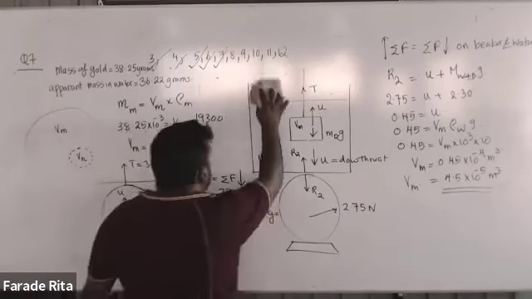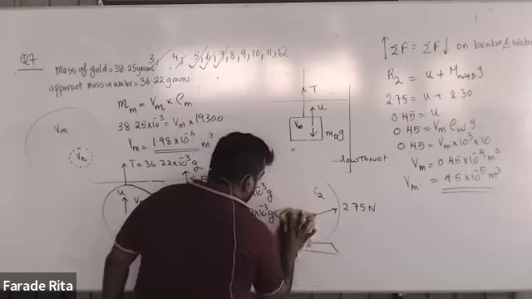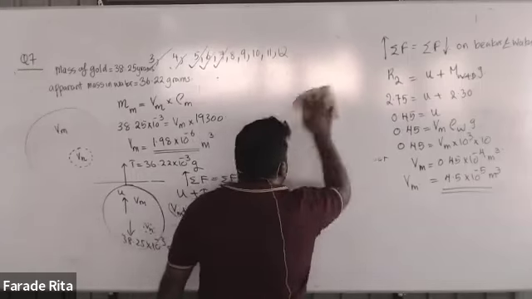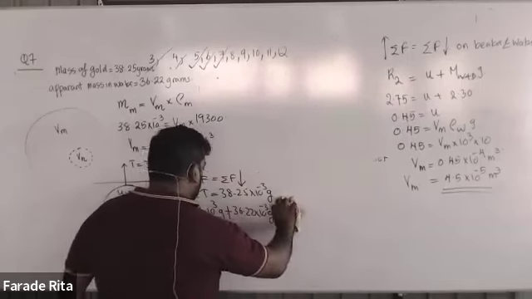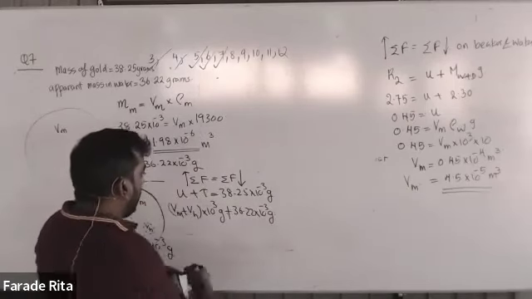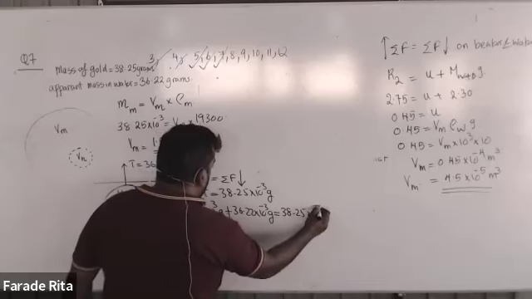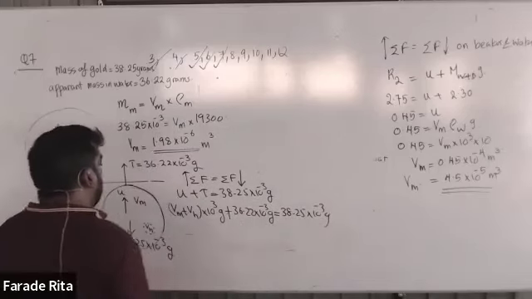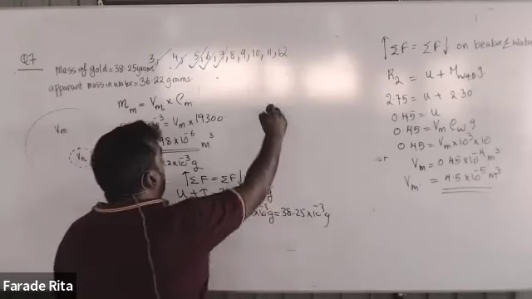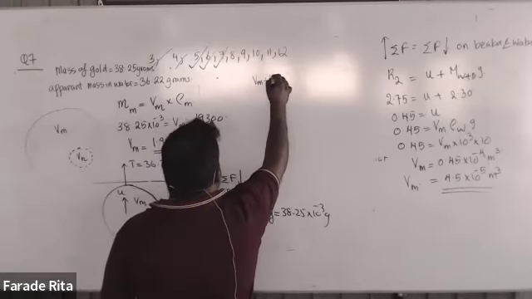We can erase this now. That is equal to 38.25 times 10 to the power minus 3 g. Take this to the other side. Volume of the metal plus volume of the hole.